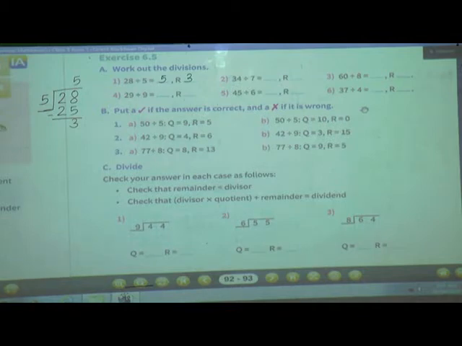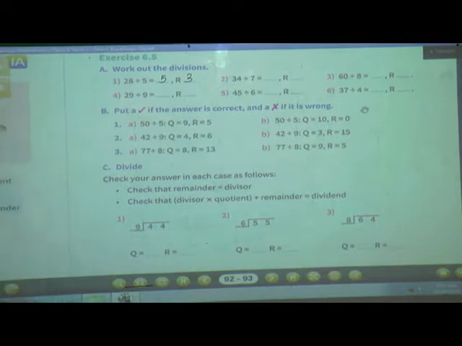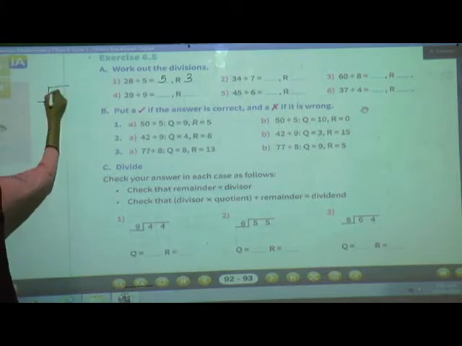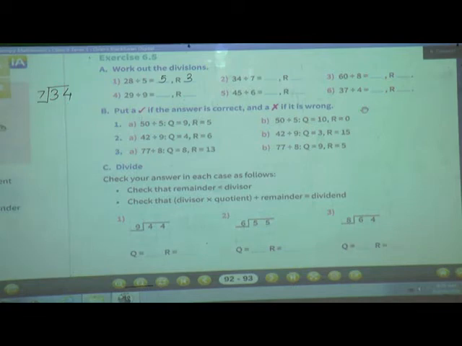Okay. Now see the next example. Number 2, 34 divided by 7. Now what you will see? You have to see the table of 7. And in that table of 7, is 34 there?